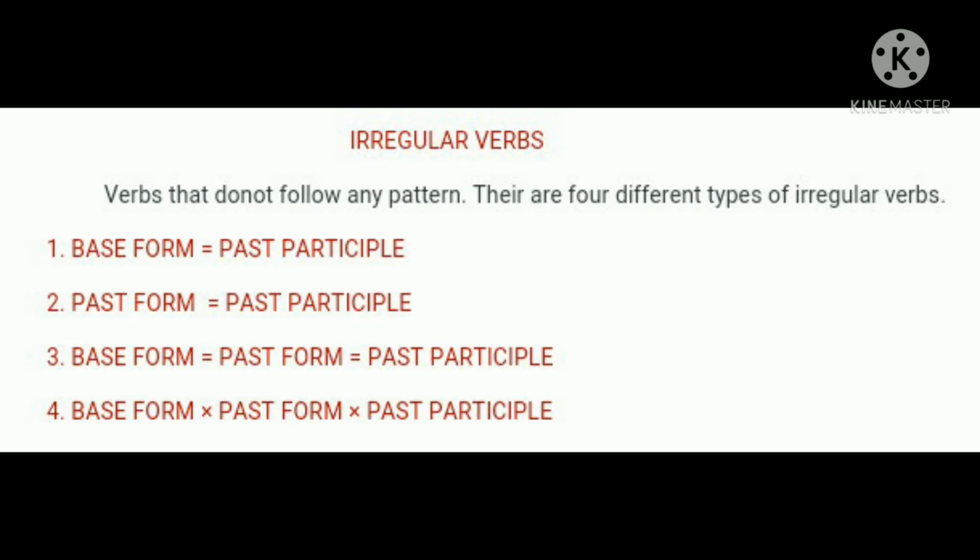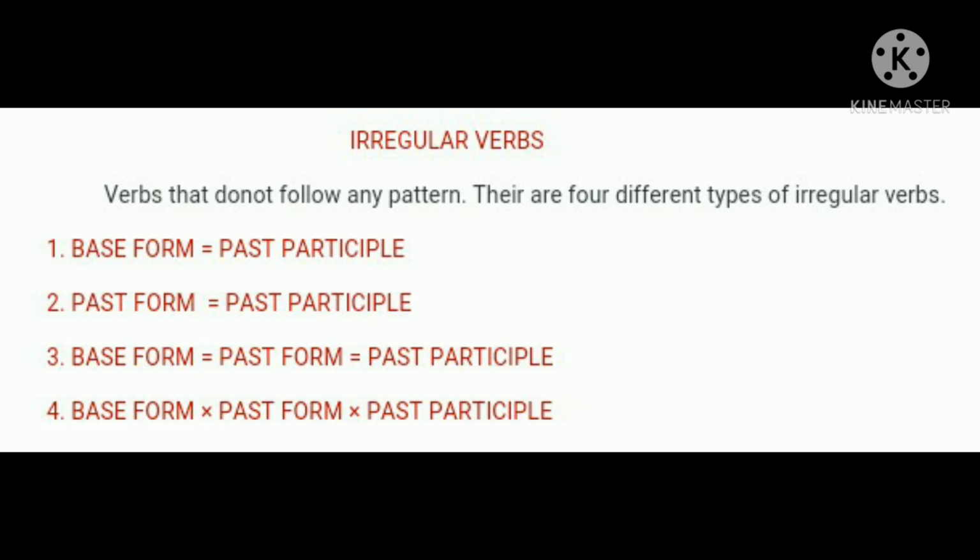Second category is where past form and past participle are the same, that means V2 and V3 are the same. And third category, V1, V2, V3 all are the same. And number 4 category is where base form, past form and past participle are all separate.